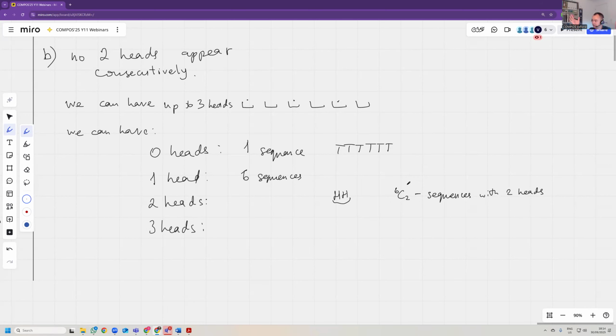Because we have 6 places, we choose 2. Easy. But what if the heads are together? Then we treat the 2 heads as 1, and we have 5 choose 1 sequences with 2 heads together.